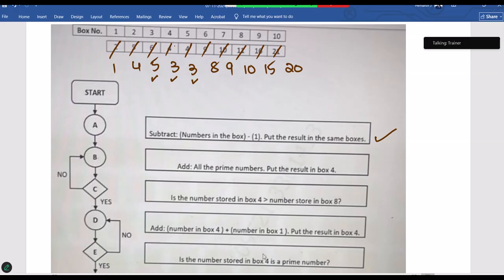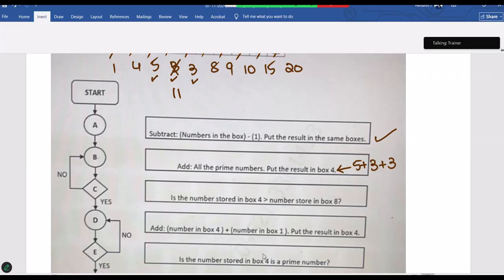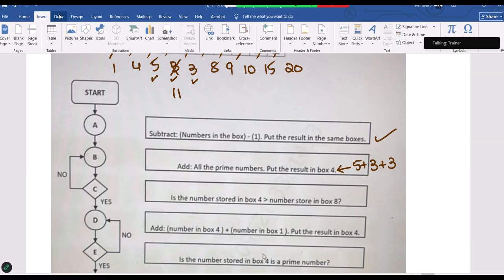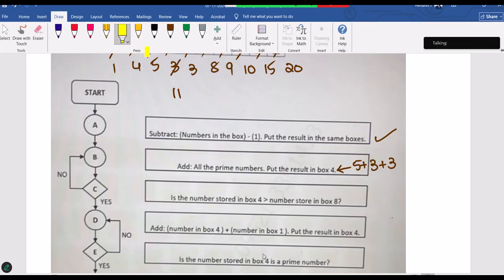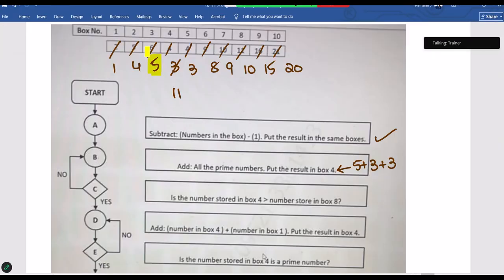So 5 plus 3 plus 3, we have 11. So box 4 is updated to 11. Now we have one dilemma: should 3 be taken twice or only one time? 1 is not a prime number, for information, and 9 is not a prime number. So 3 is not doubled, only taken once. We're just updating that, box 4 is updated to 11. These are the prime numbers.